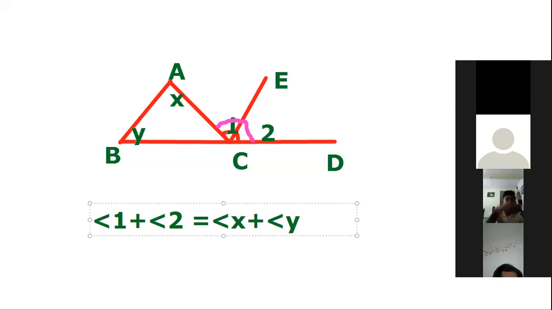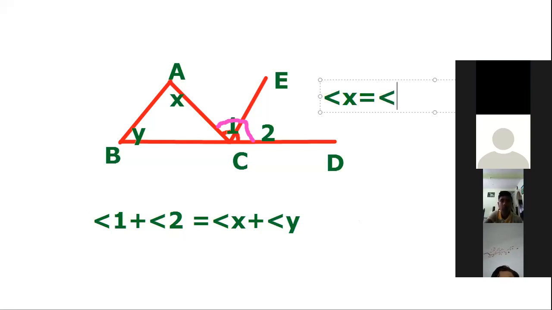Look here, angle 1 and angle 2. What is the property of angle 1 and angle 2? First of all, we have considered two parallel lines, that is lines AB and EC. Since lines AB and EC are parallel, we can get angle X equal to angle 1, and similarly angle Y is equal to angle 2.